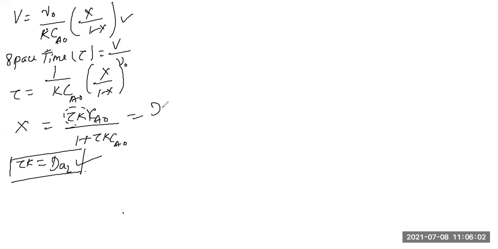Then this equation becomes: X in terms of the Damköhler number is Da2 divided by 1 plus Da2. This is the equation.